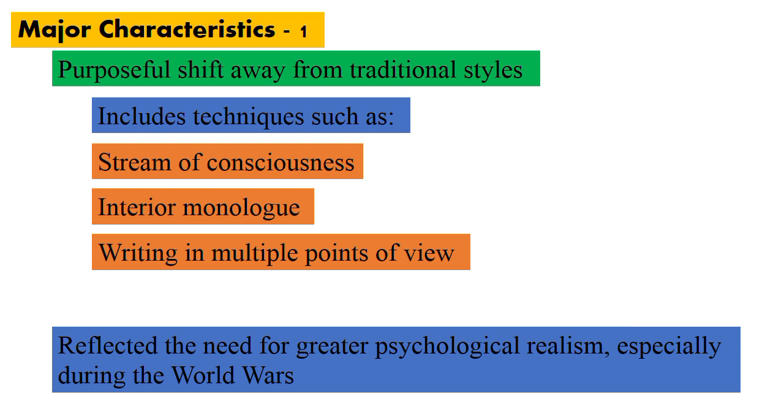You have the invention of bombs, the invention of the H-bomb. This is a huge deal that's really changing the way people think about how they live their daily lives. It also includes techniques such as stream of consciousness, where the character is just saying everything that's in their head, and it's sort of disorganized and really reflects the way that we think.